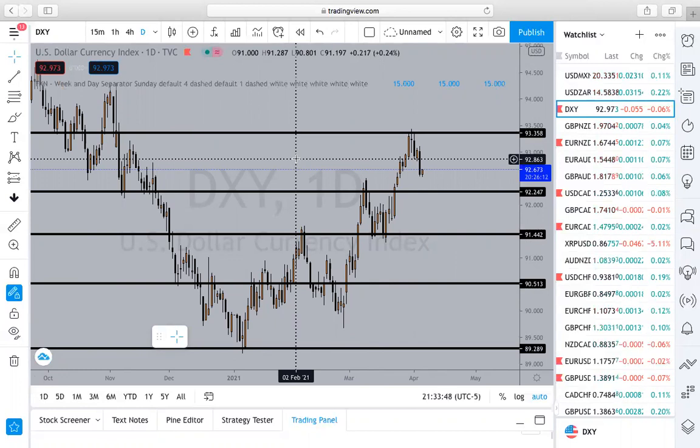Only thing about that, you have to understand that not all of the news events is going to make this DXY just go bananas.